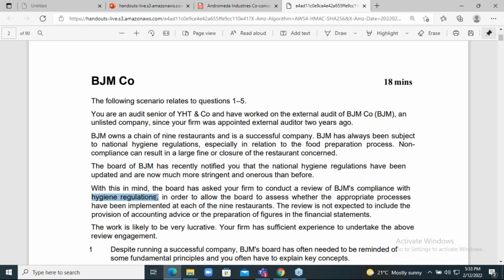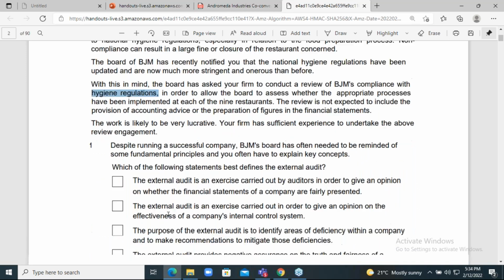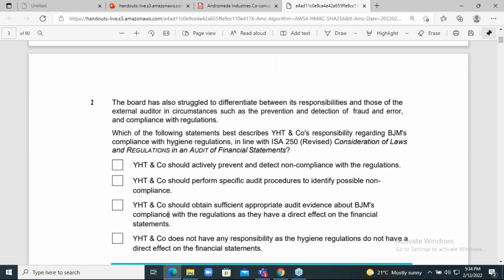They are direct to the operations of a hotel industry, yes, but they don't have a direct impact on the preparation of financial statements. It means that hygiene regulations don't give detail regarding how to prepare financial statements of the hotel industry or restaurant industry. So they are indirect, or we can consider them as other laws and regulations with respect to ISA 250. So as this line is wrong, that is why C is wrong.